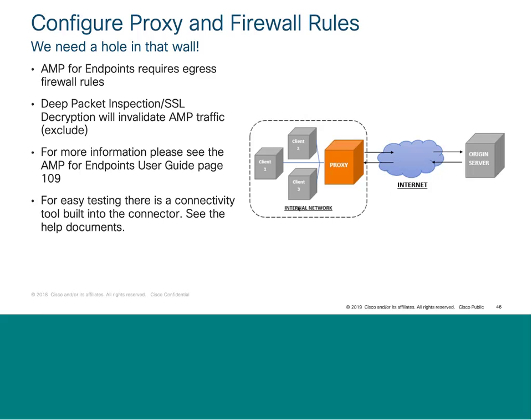AMP traffic is not compatible with deep packet inspection or SSL decryption. If your customer is utilizing those features on their proxy or their firewall, they will need to bypass AMP traffic for those features. Exclude it, bypass it, however they want to go about doing it.